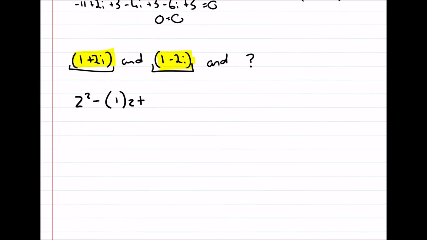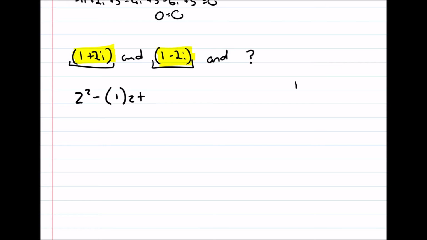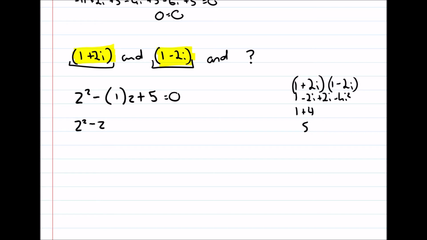No, actually I didn't. I have to be careful. (1 plus 2i)(1 minus 2i), and I'll get 1 minus 2i plus 2i minus 4i squared, which is 1 plus 4, which is 5. So that will give us z squared minus z plus 5 equals 0.